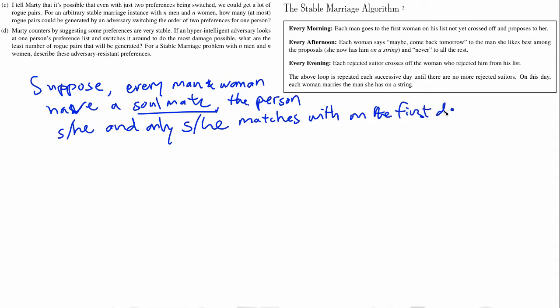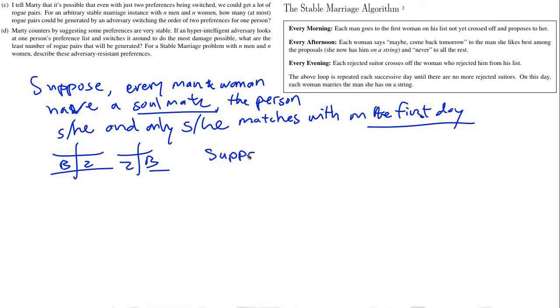This pretty much describes the phenomenon where you have B2 and 2B. So everyone gets matched and there aren't any collisions. Now, suppose the adversary attacks.